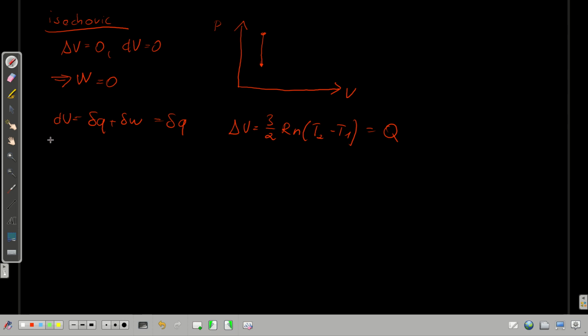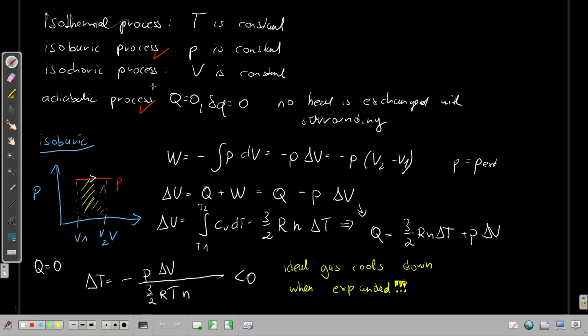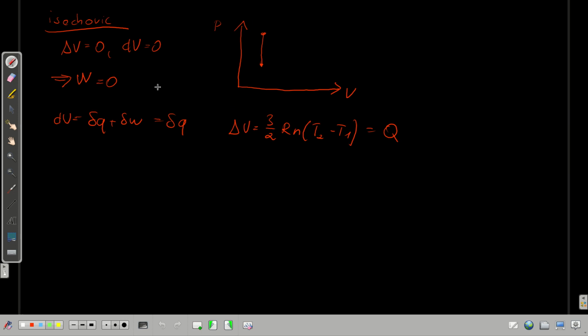Next, we have then also covered the isochoric process, and the next thing would be the isothermal and reversible process.